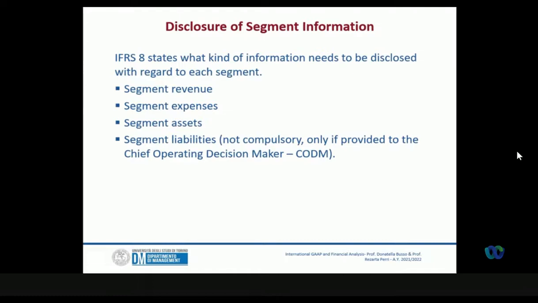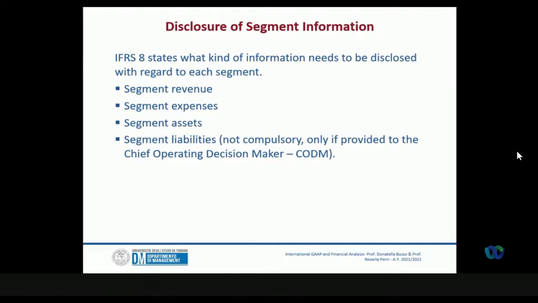This is not mandatory. It will be reported in the financial statement only and only if it is already being provided also to the chief operating decision maker. You see the approach of IFRS 8 over here?